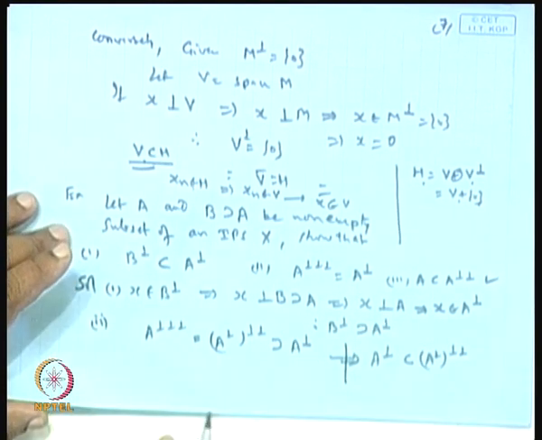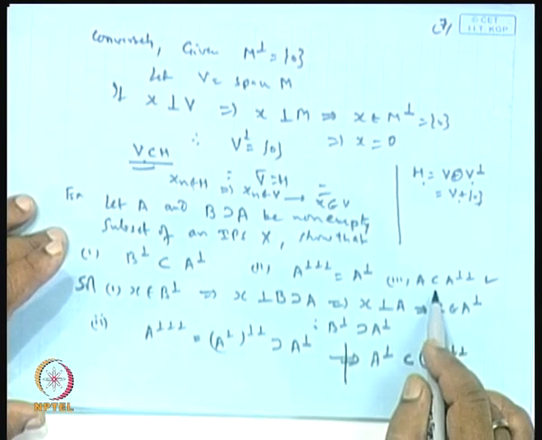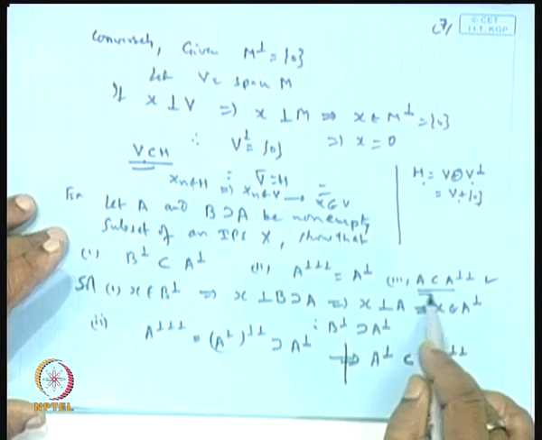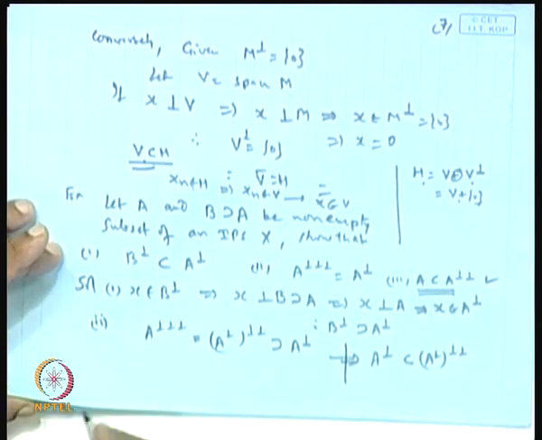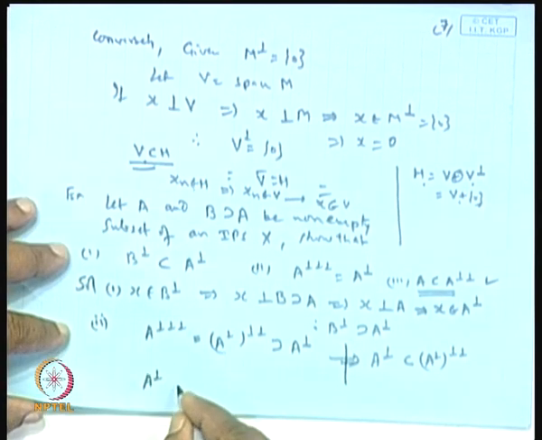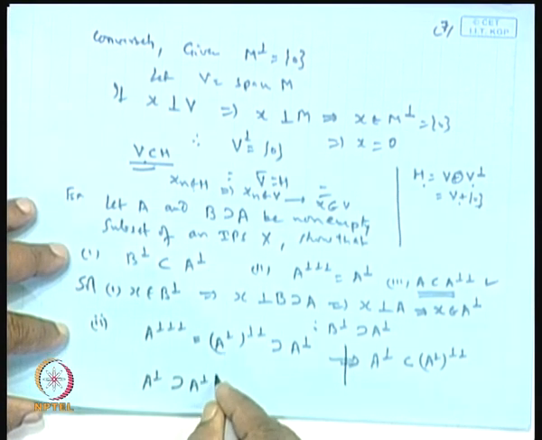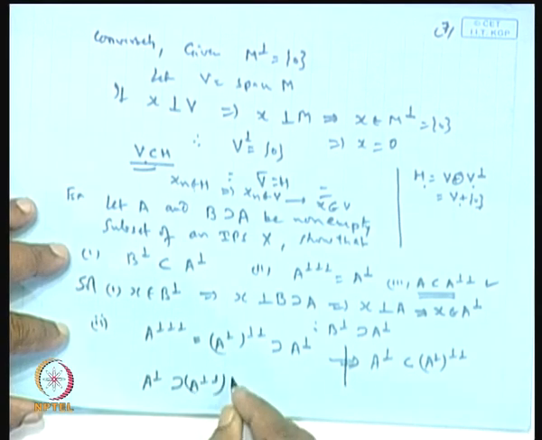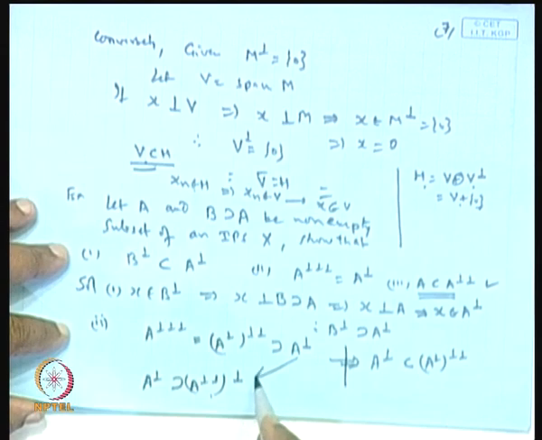Next, the other way around: you start with the third one. The third one is A perpendicular covers A perpendicular perpendicular perpendicular. So, these two combined give that both are equal, is it not?